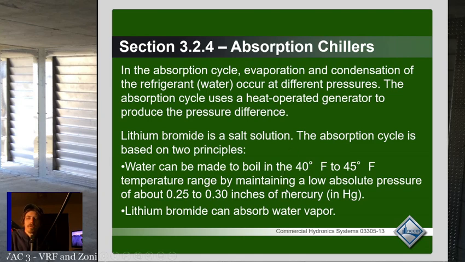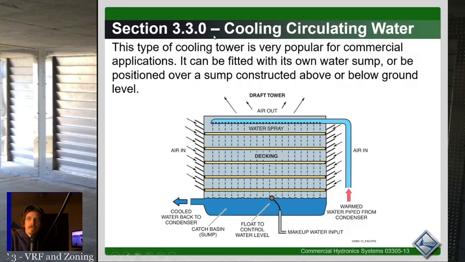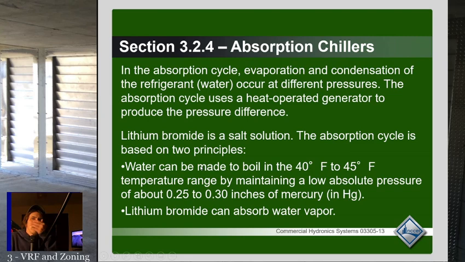Remember, the lower the pressure, the lower the temperature water is going to boil at. So you keep the water pressure at these low levels, and the lithium bromide absorbs the water vapor and exchanges the heat. Again, I don't want to go into this deeply.